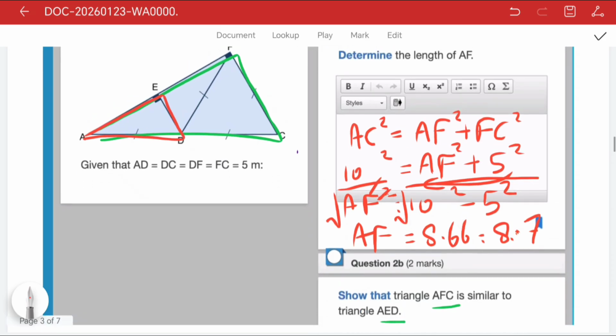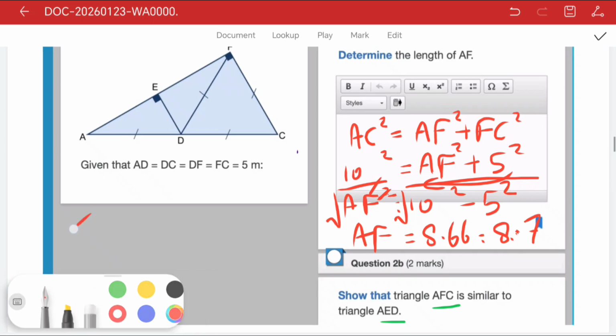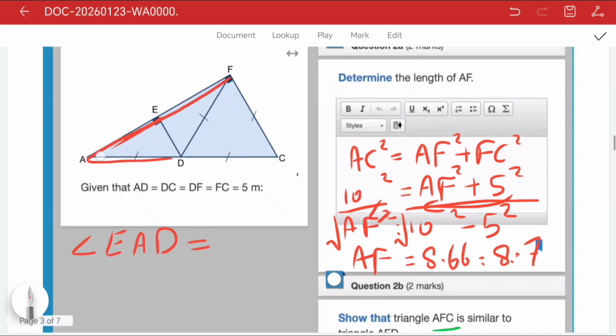Okay, so for these triangles we need to give the proofs or some comments which are necessary for this one. So look here, first of all, you see this triangle, this angle, you can write angle EAD is equal to angle FAC.